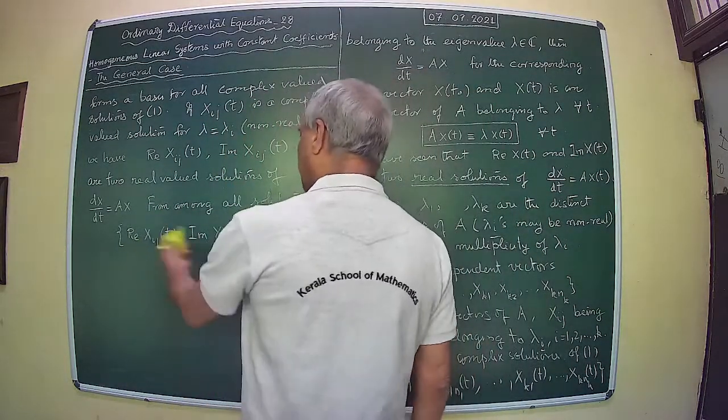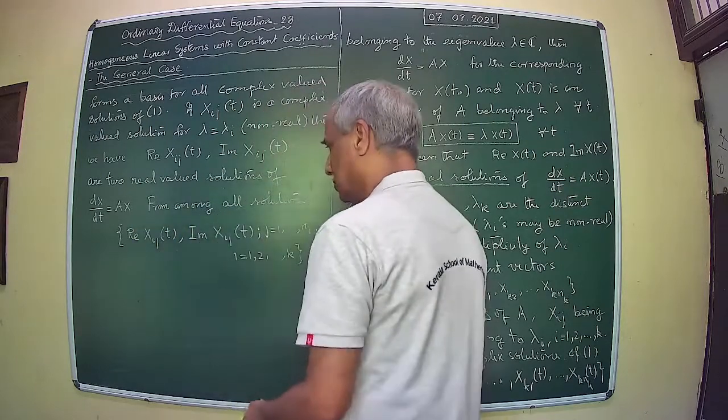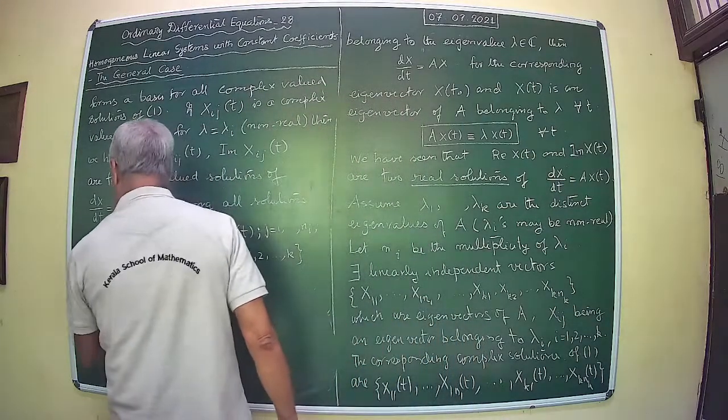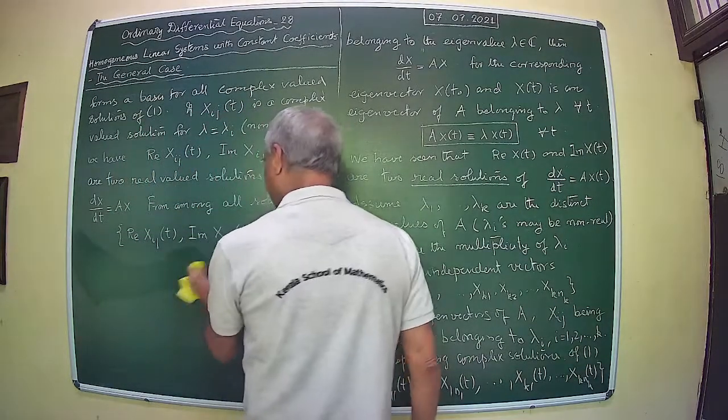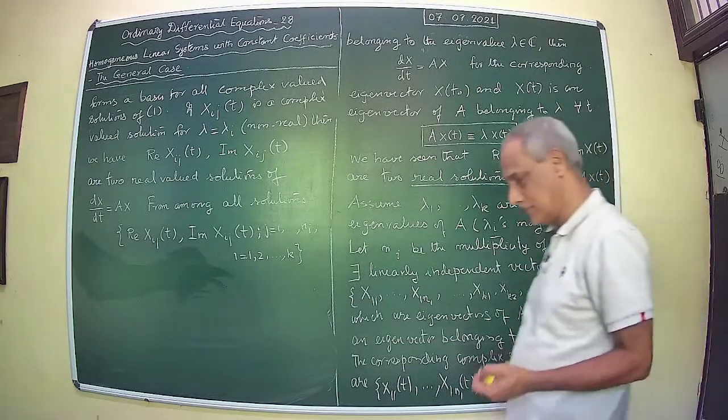I mean, the sum of them may be 0. If xij is a real solution, then it is going to be 0. So there may be real eigenvalues also. For instance, if you take the 3 by 3 case, then what happens?